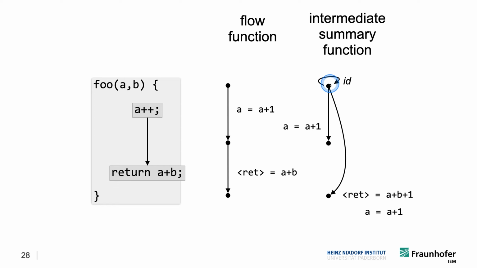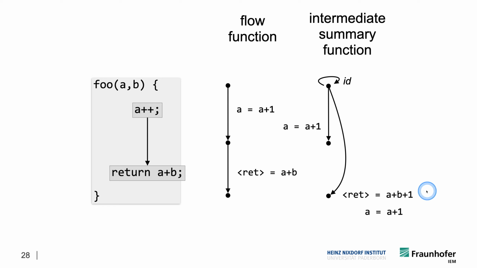And then if we have the summary function that brings us all the way to the bottom, then this is extended as follows. We still keep the original summary that we have, but now we are adding a summary that is basically computing this effect. So it's telling us that R is effectively A plus B, although not quite. We have to compose that particular flow function with this one.